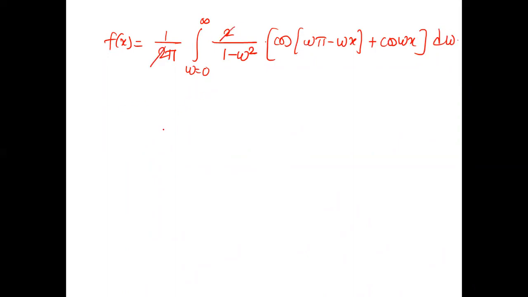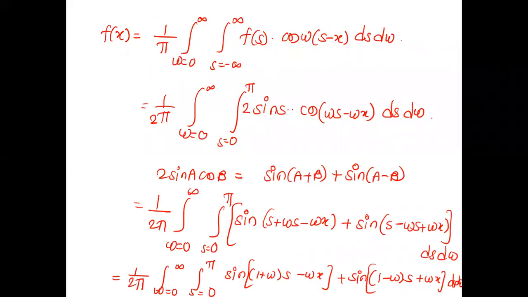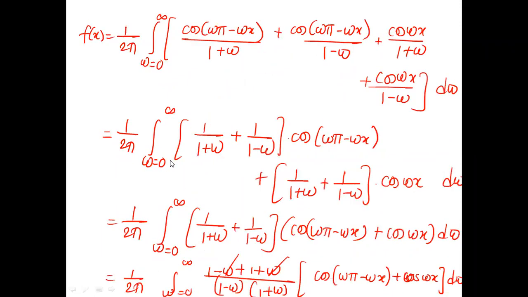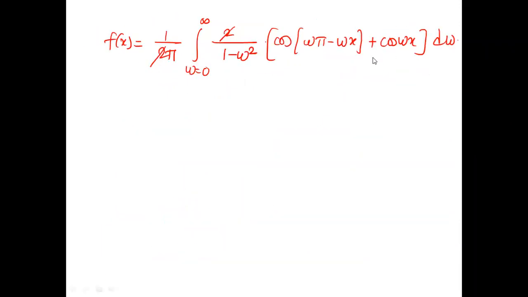Okay, can you just check your show that now? Show that is 1 upon 1 minus omega square, 0 to infinity. Yes, it is there. But the numerator is cos omega pi by 2, but our numerator is something different. So we should get omega pi by 2.